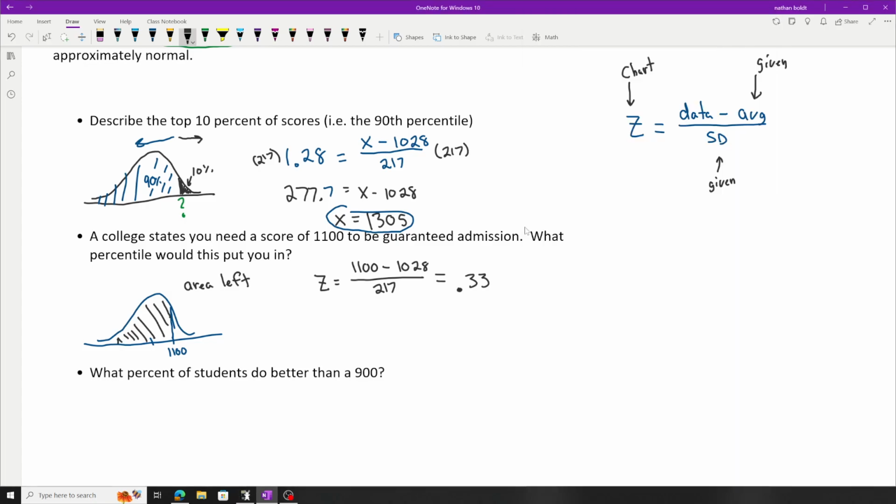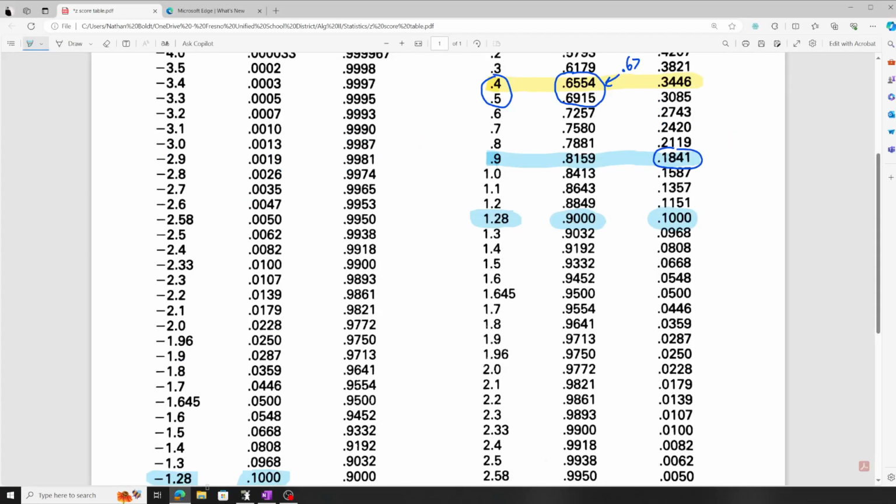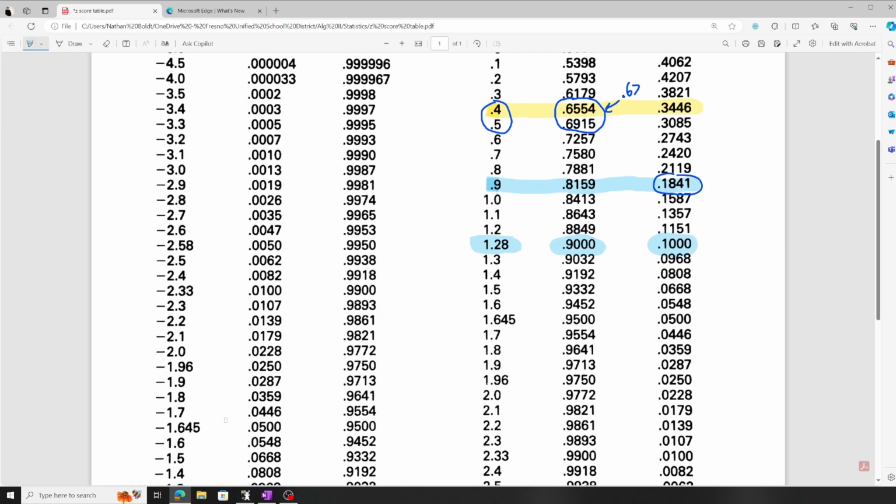So a little bit bigger than 0.3. So that's what we're going to go look up on our chart. Remember, the z-score, you got to go to your chart for that. And we're going to look up where is 0.33 and find the area to the left.